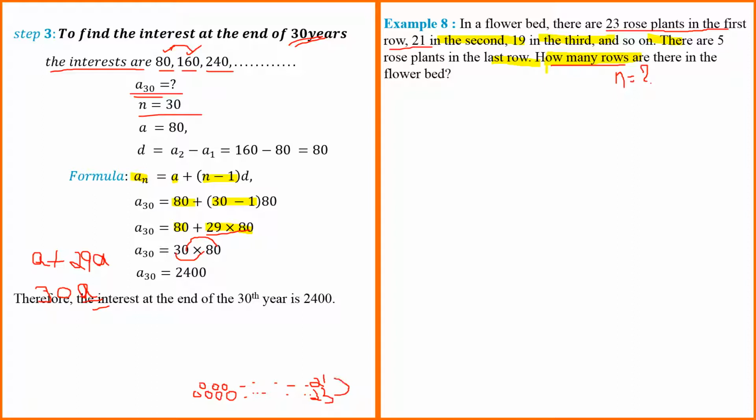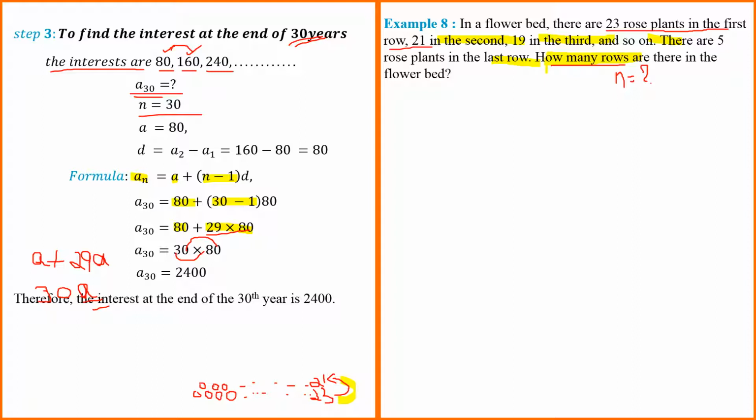So the difference between the first and the second row is -2. Initially it's 23, then here it's 21, so the difference is -2. It's getting reduced step by step.